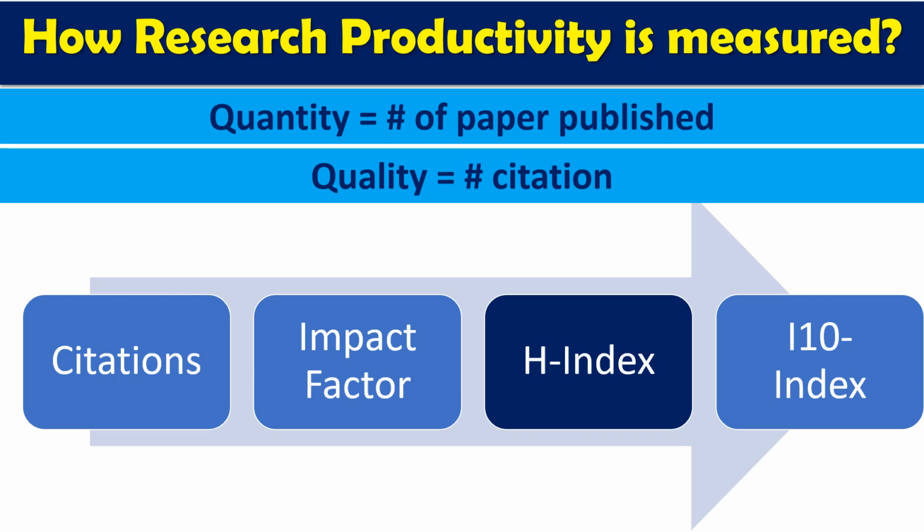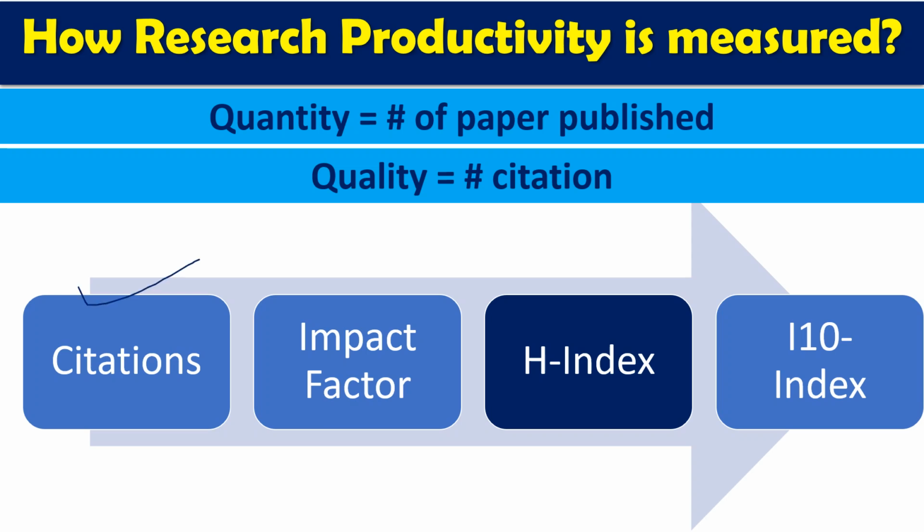Overall scientific productivity can be measured by four different parameters. These are the four different criteria on which we normally measure scientific productivity. First is citations. Whenever our work is cited by some other scientists in their paper, in their research, in their works, our citation is counted there.